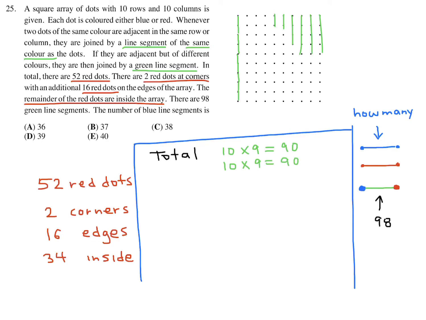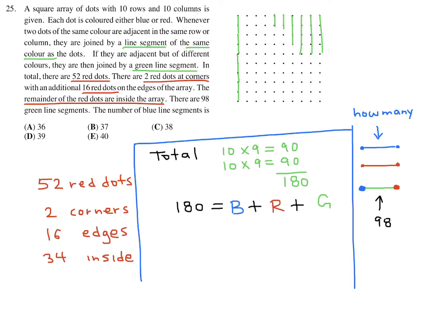So 90 that go horizontal and 90 that go vertical for a total of 180 line segments. 180 line segments, I'll draw it in black so that you understand, is the total of blue line segments plus red line segments plus green line segments. Okay?